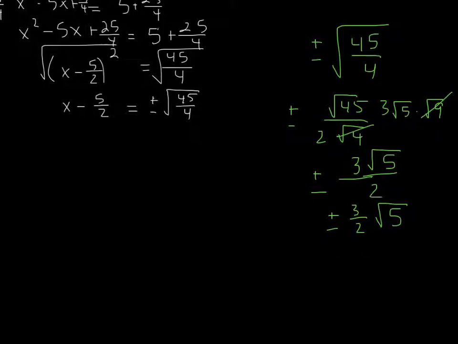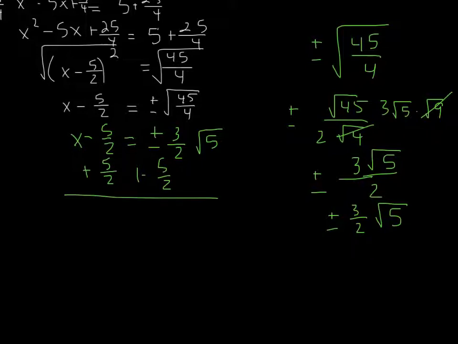This square root of 45 over 4 turns into plus or minus 3 over 2 root 5. And we're left with equals x minus 5 over 2. So we're going to add 5 over 2 to both sides. And we have x equals 5 over 2 plus or minus 3 over 2 root 5.